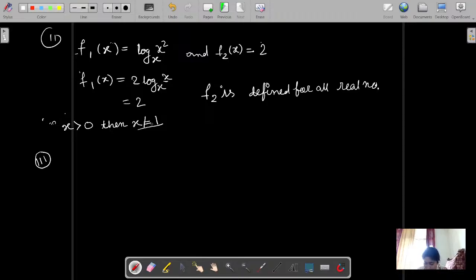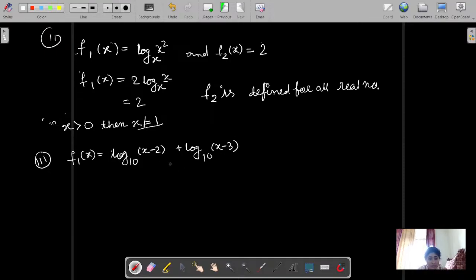For the third pair, f1(x) equals log base 10 of (x minus 2) plus log base 10 of (x minus 3).